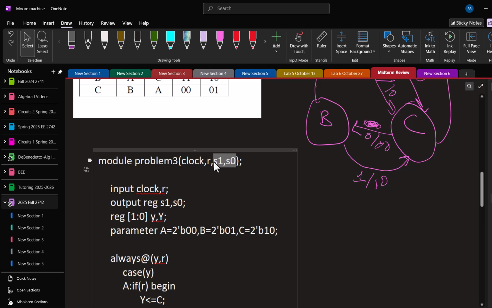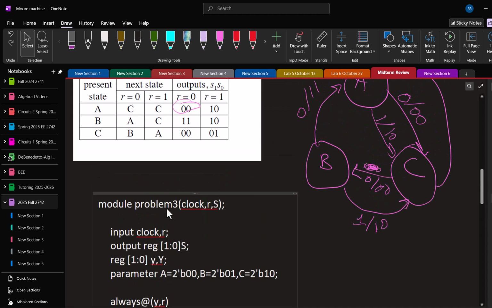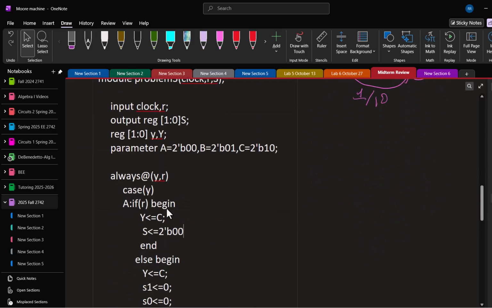I would have done this, and I would have made it vectored rather than two separate ones.